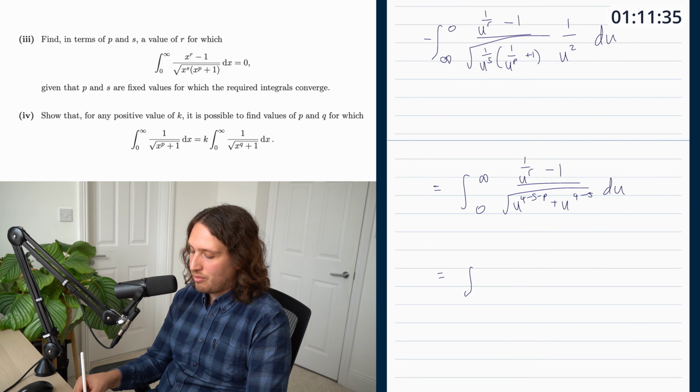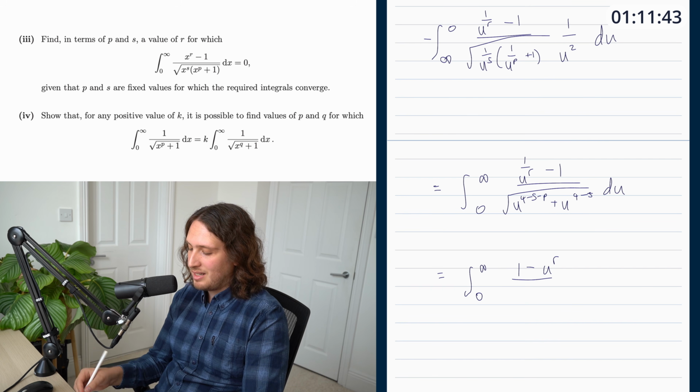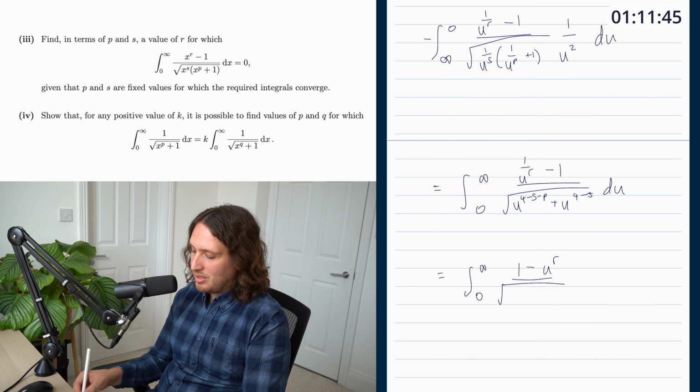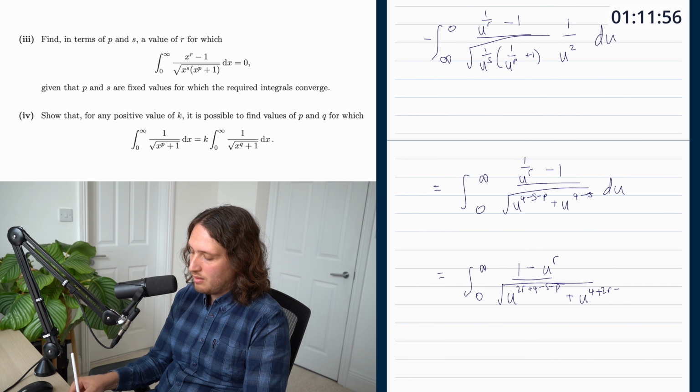So I'm going to multiply through by u to the r, top and bottom. So I get 1 minus u to the r. Now, when the r goes into the denominator, it becomes a 2r. So u to the 2r plus 4 minus s minus p plus u to the 4 plus 2r minus s du.